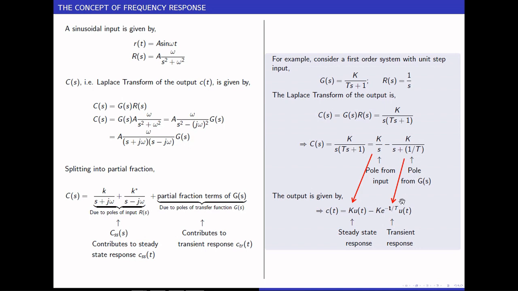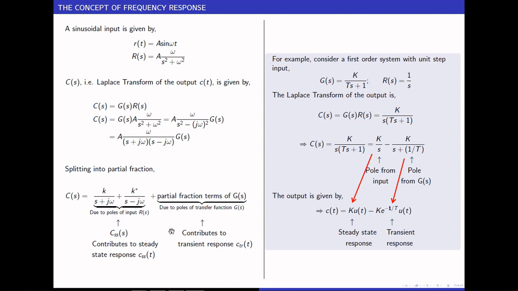Clear? So if I am interested only in the steady state response, not in the transient response, I need not take this particular term, that is, the partial fraction term corresponding to the poles from G of s. This particular structure will be exhibited even in a second order system. You can try that.